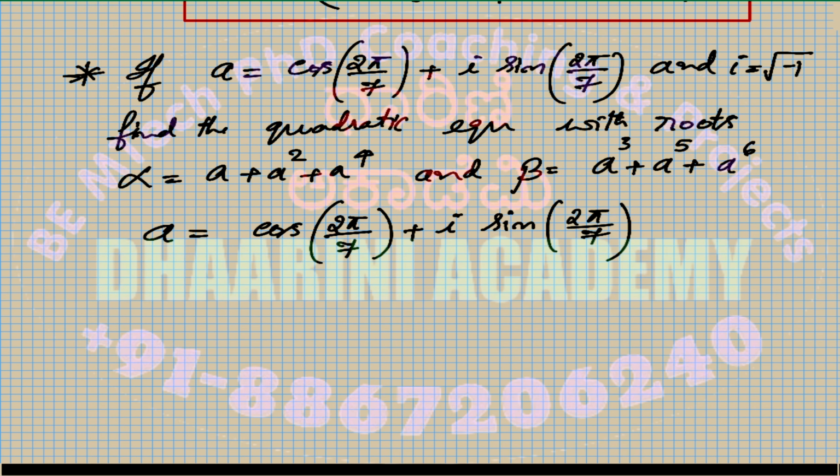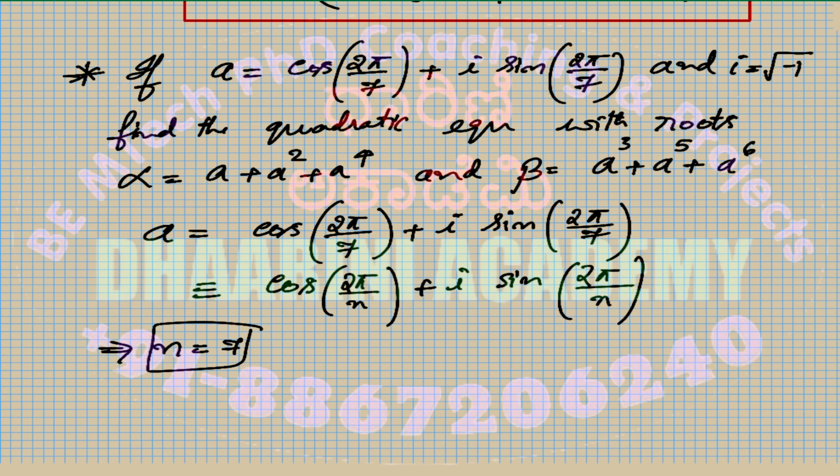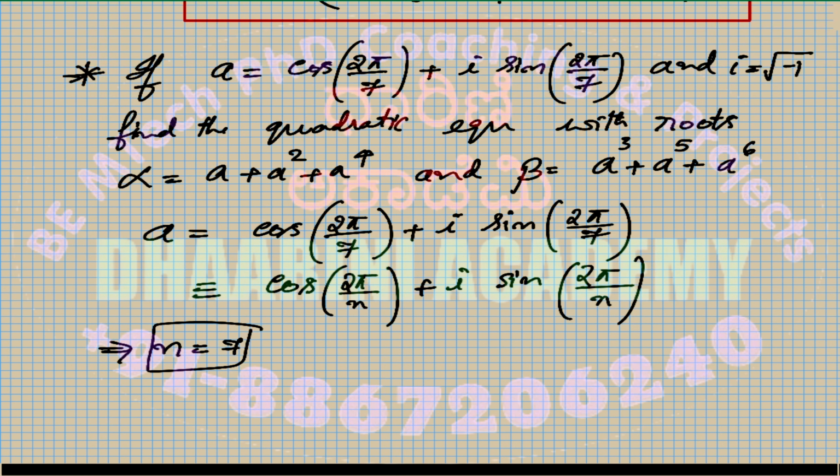Comparing it with yesterday's equation, cos of 2 pi by n plus i sine of 2 pi by n, I can identify that the n value is 7 for us in this case. So n is 7 means if I raise a to the power 7, this is going to be 1.